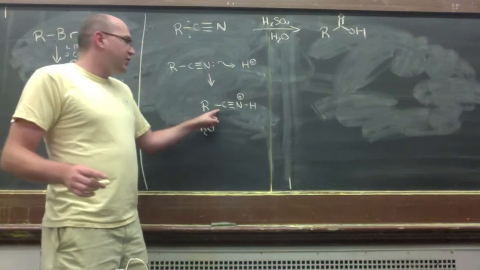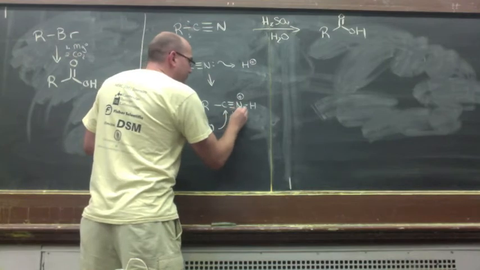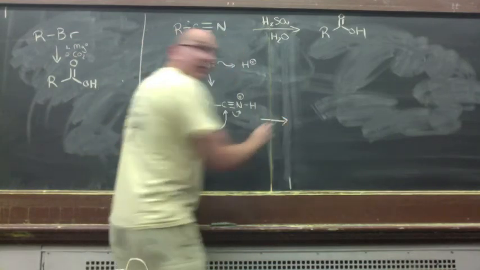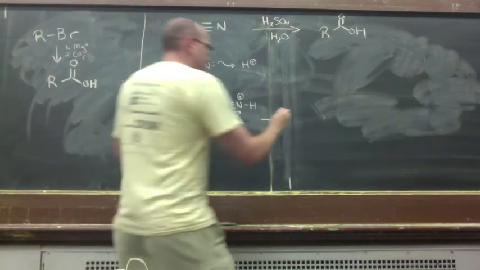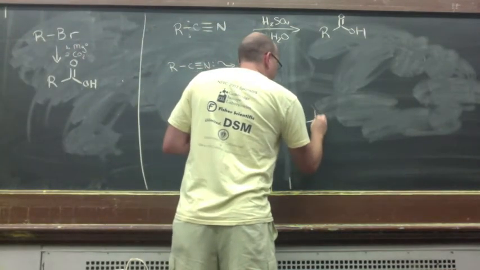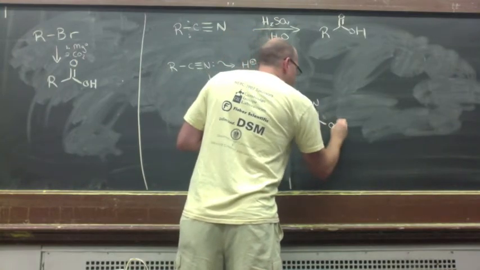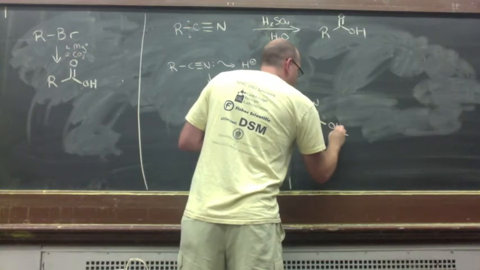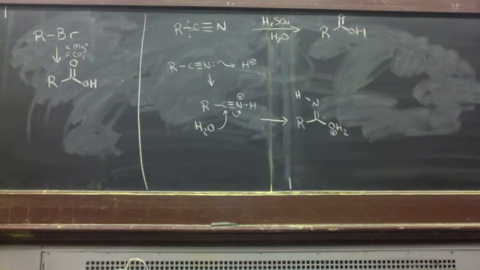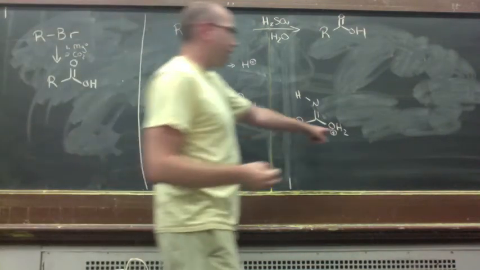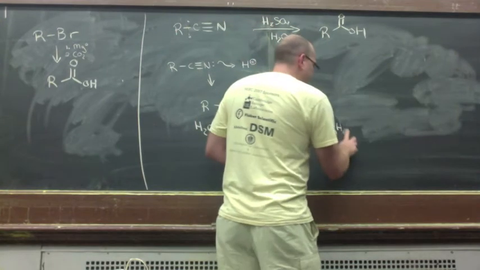You need to attack the carbon right adjacent to it. Okay. At this stage, we're going to get a proton transfer from the oxygen. We're going to take one of those protons, it's going to go over to the nitrogen, so I'll just draw that out.